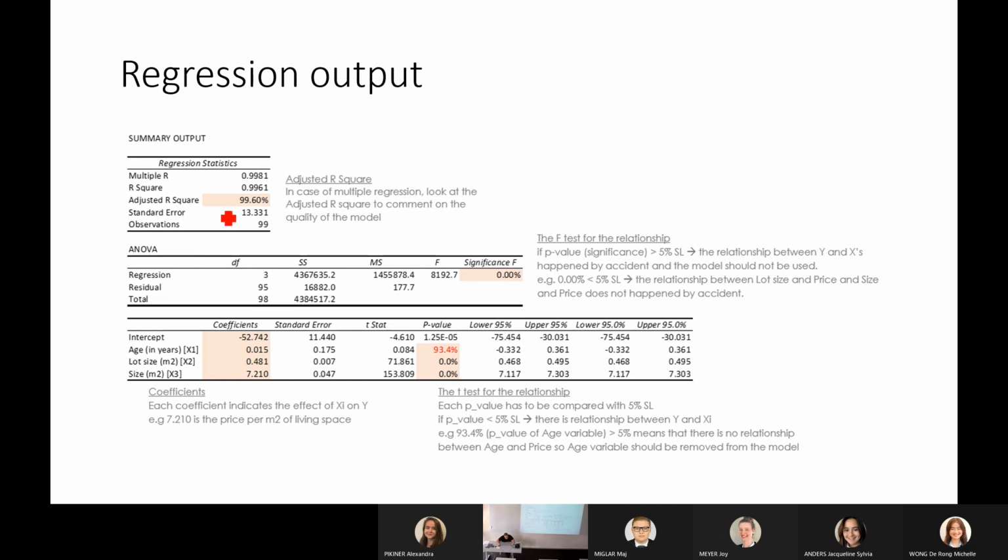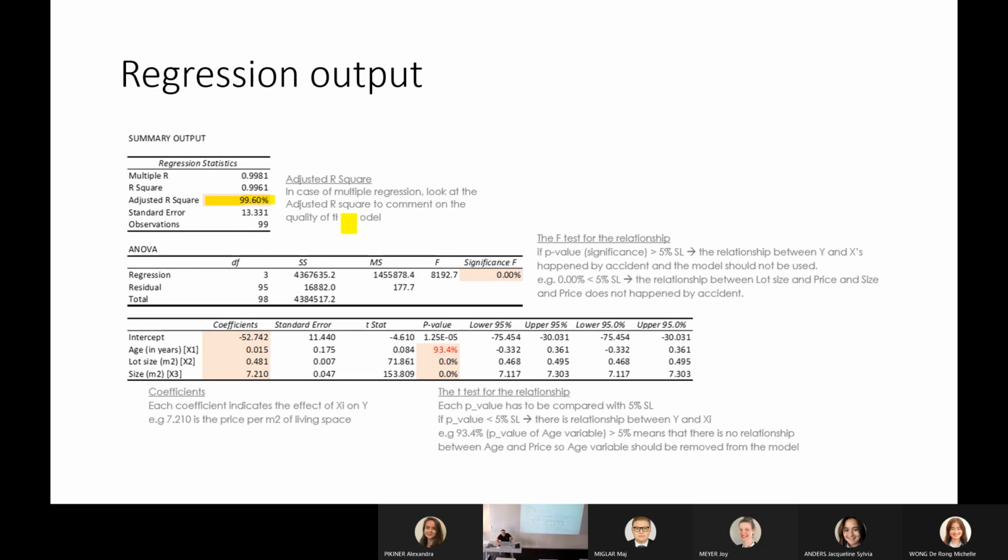So what do you look at when you open a regression output? That's what will be in the exam. So first, we will look at the adjusted R square, right? In case of multiple regression, we have to look at it to comment on the quality of the model. So if it's close to 0, the quality of the model is bad.